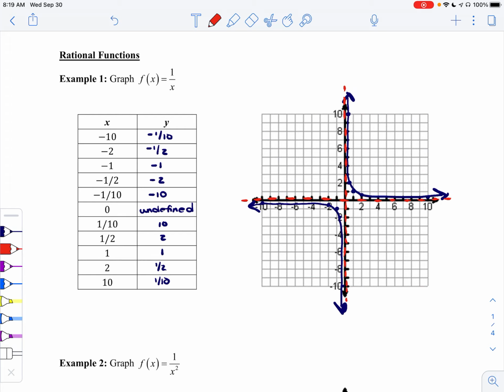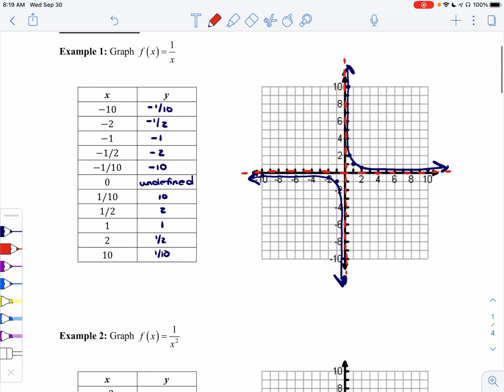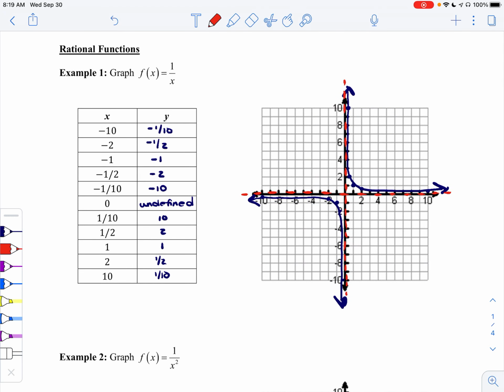These are what we call asymptotes. The vertical line would be our vertical asymptote. And in this case, it's at x equals 0. Remember, the equation of a vertical line is always x equals a number.